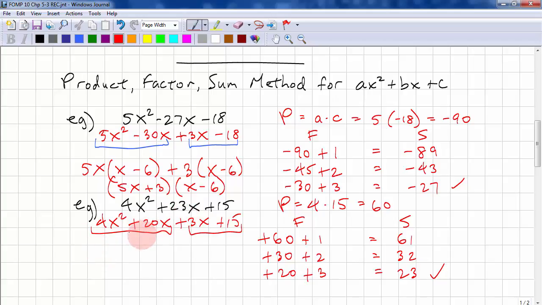So here, we can pull out a 4x, and we're left with x plus 5. Here, we can factor out a 3, and we get x plus 5. So we have 4x plus 3, because these are the same, x plus 5, and we're done with that problem.